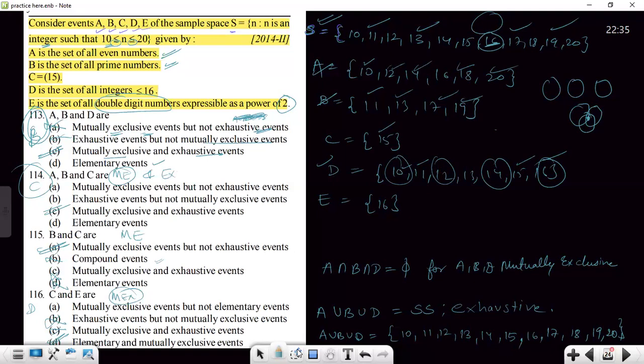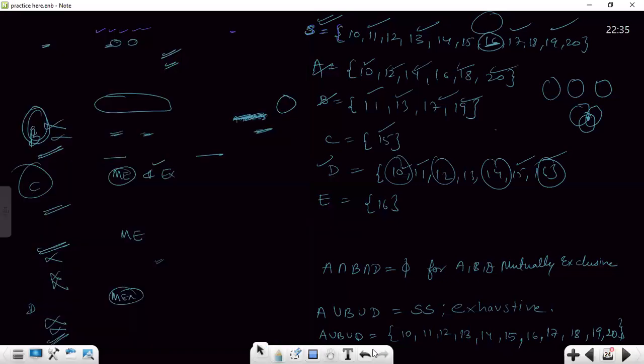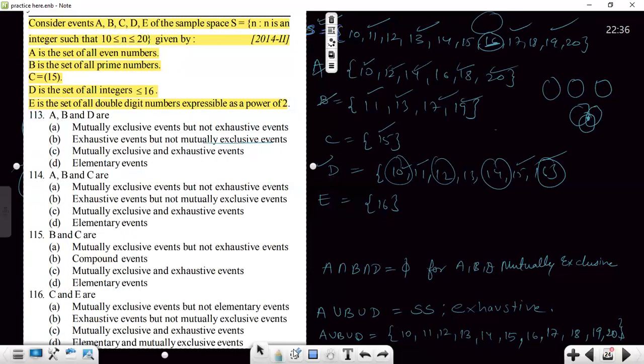I was incorrect while solving the question. Is this clear that B is the correct option, not A?